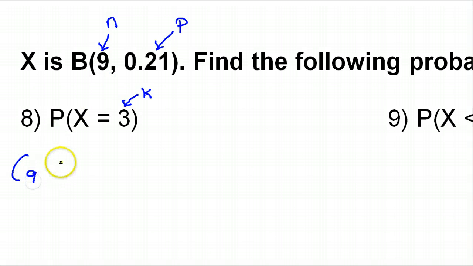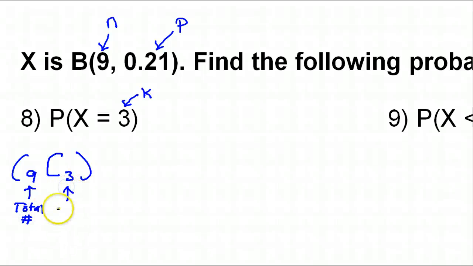So there's a total of 9, choose 3, because this is the number of successes that we're shooting for. This 9 is the total number. This 3 is the number of successes.